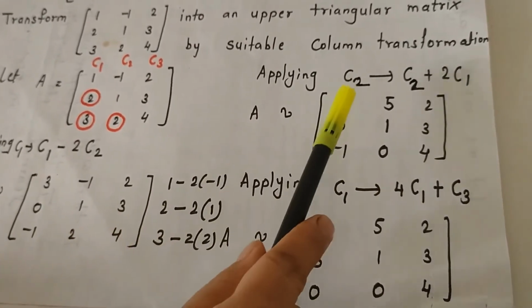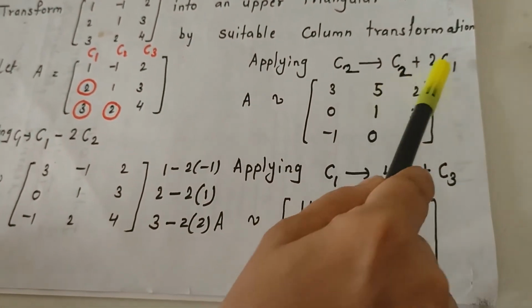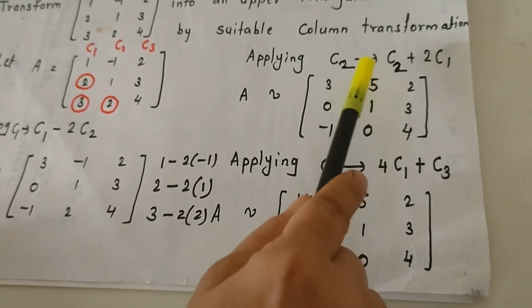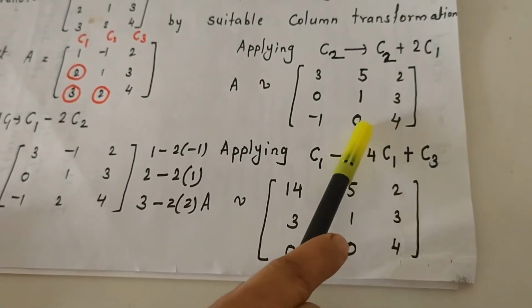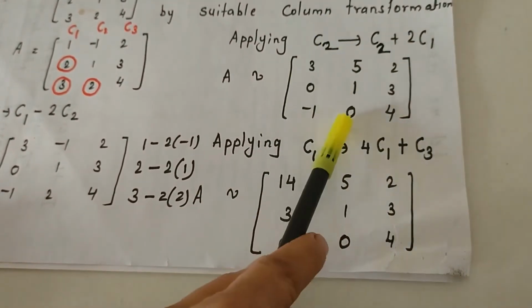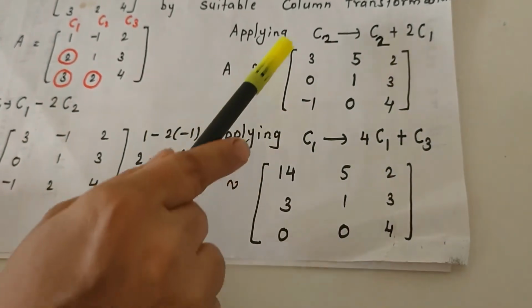So applying the transformation, C2 changes such that C2 plus 2 into C1, we get the second column element as 0. So changes in C2, C1 and C3 as it is.